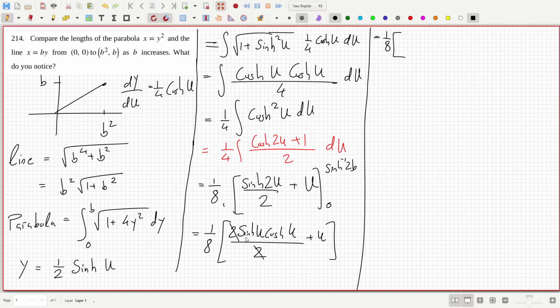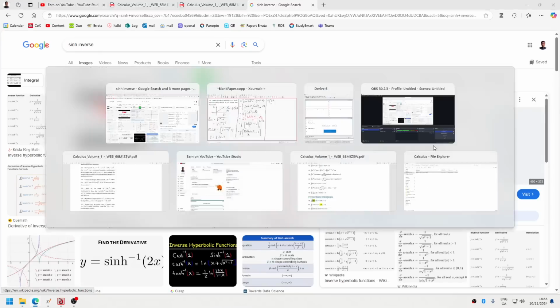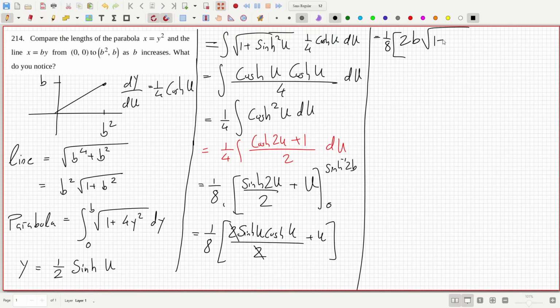So it's sine inverse 2b, so that's 2b, and then it's cos of sine inverse 2b. So cos of sine inverse is root 1 plus x squared. So that's 1 plus 2b squared.